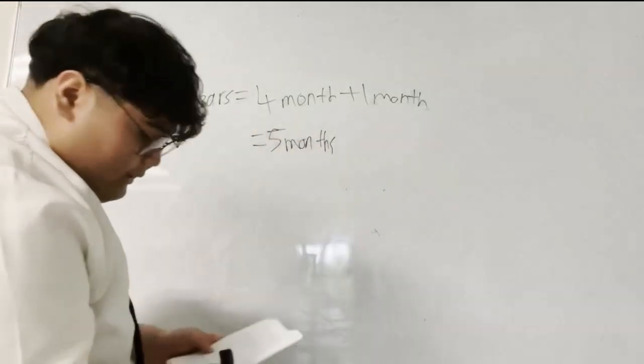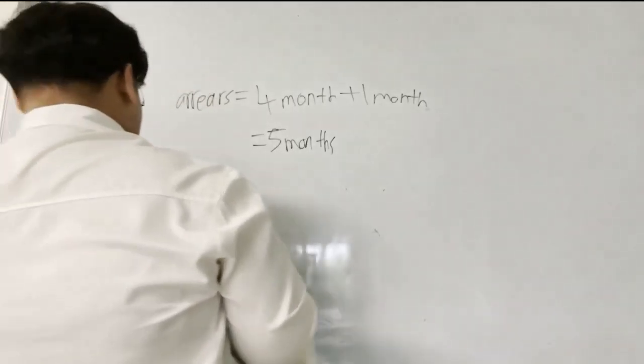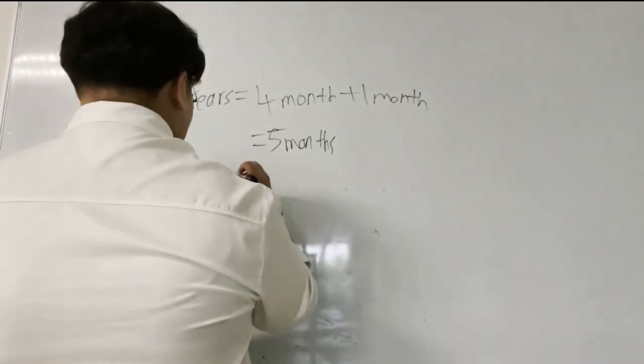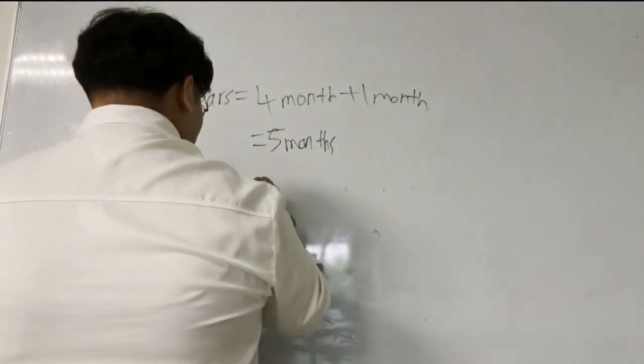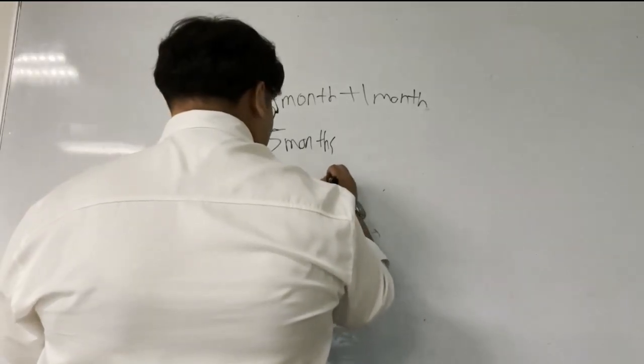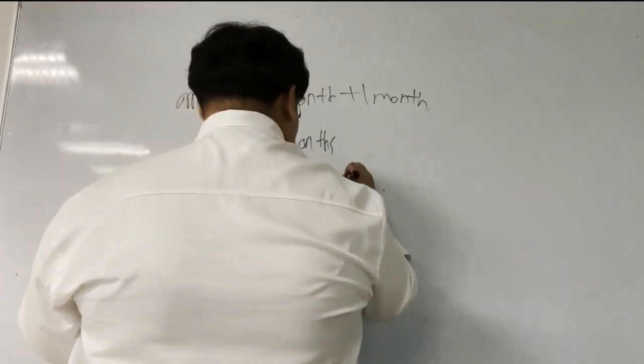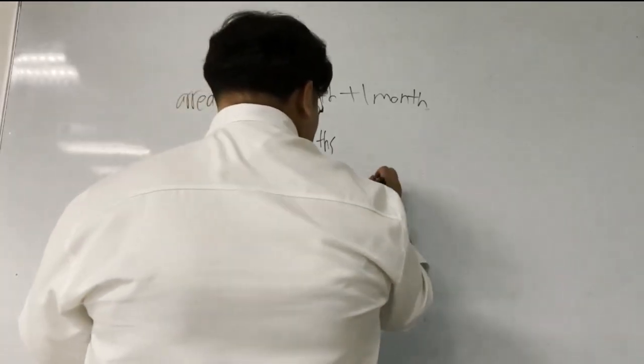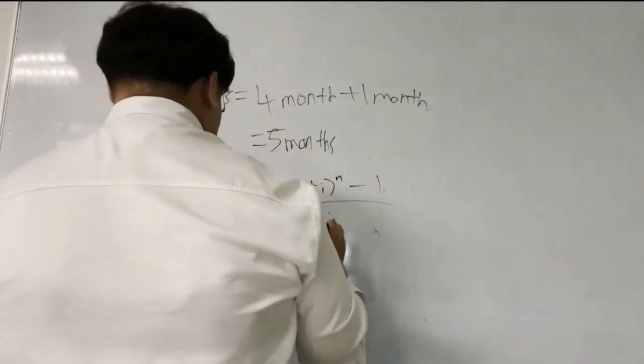And then the formula for this question is S equals R, 1 plus I to the power of N minus 1 over I.